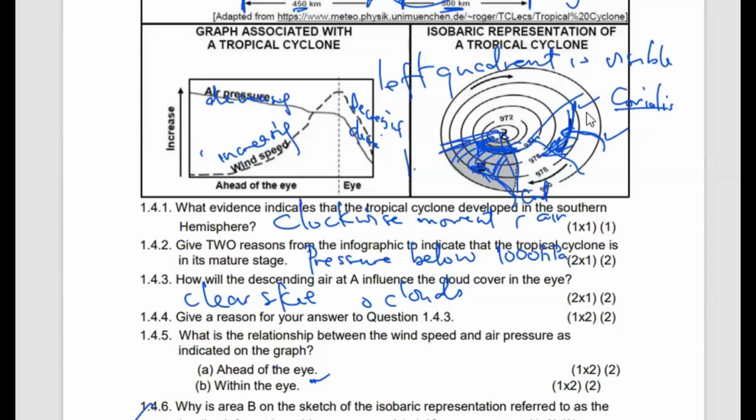The weather system is circulating in this direction, while Coriolis is also acting in that direction. So the combined effect gives very strong and intense weather conditions in that quadrant that we call the active or the dangerous quadrant of the tropical cyclone.